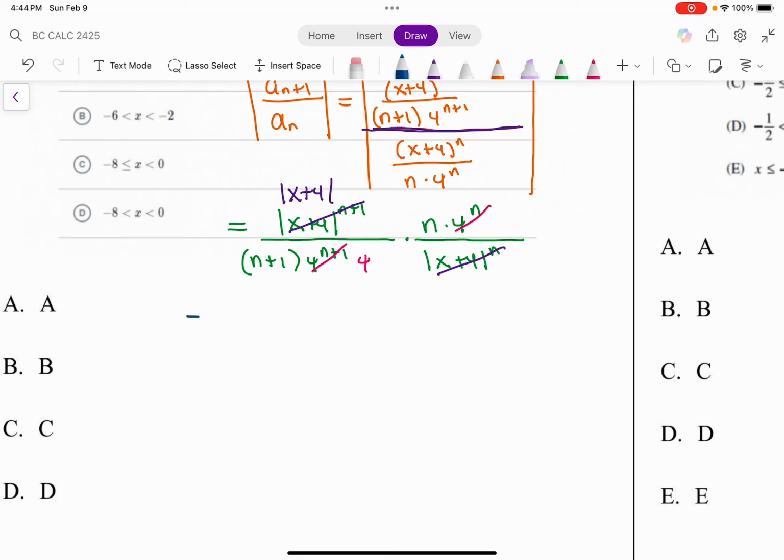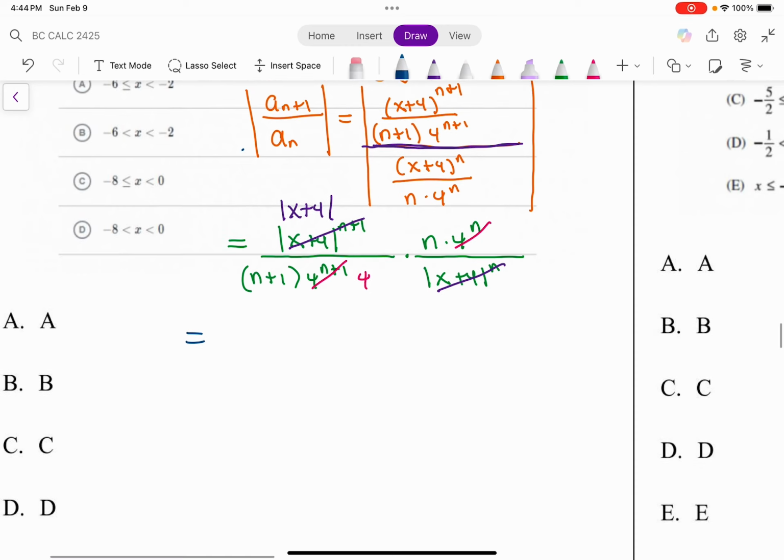So here's what I'm left with. Again, remember, this is all an expression for that. I have an absolute value of x plus 4 times an n on the top, and then down below, all I have left is a 4 and an n plus 1.